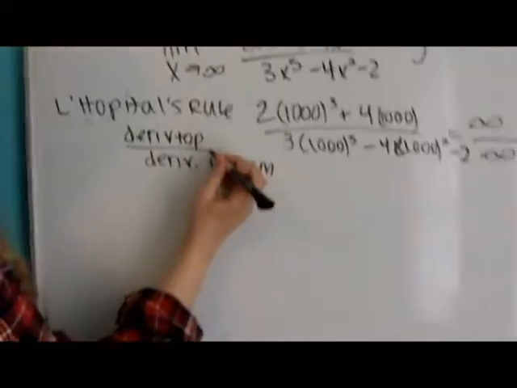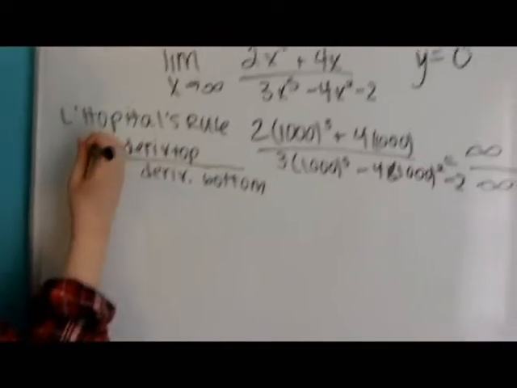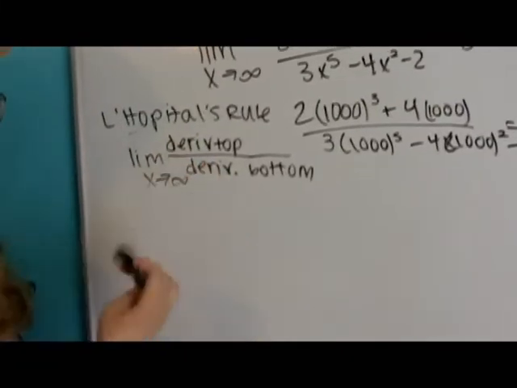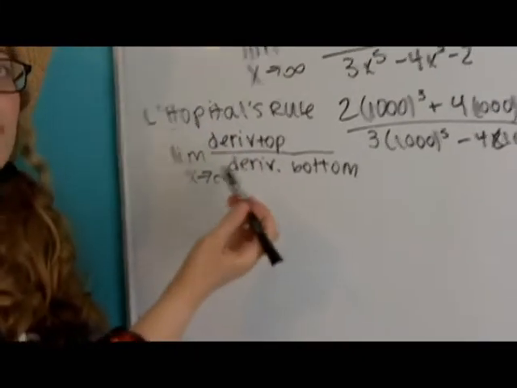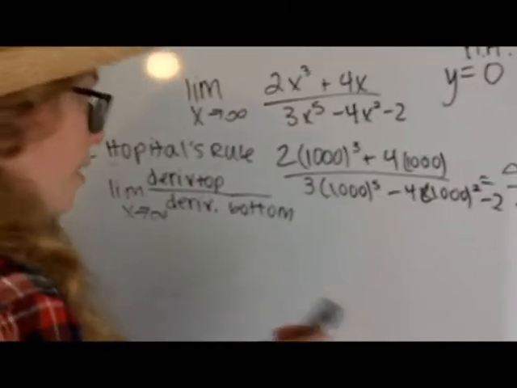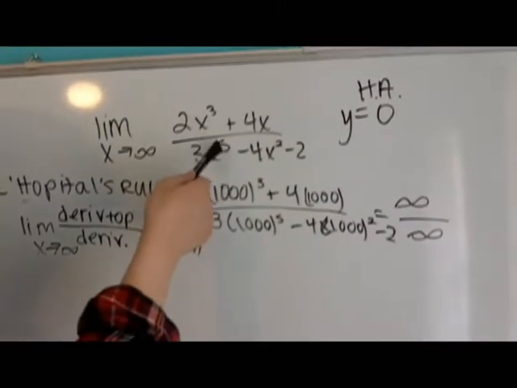So you take the derivative of the top and then the derivative of the bottom, and you find the limit as x approaches infinity still. And you can use this rule as many times until you end up with a better answer. So why don't we try it on this one?